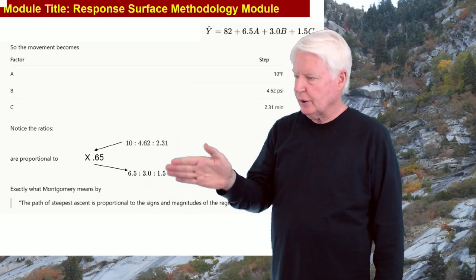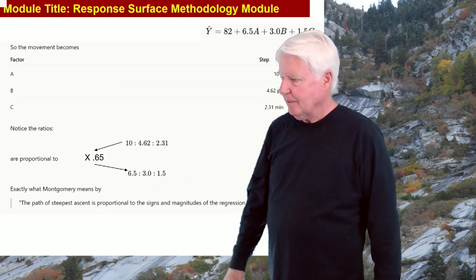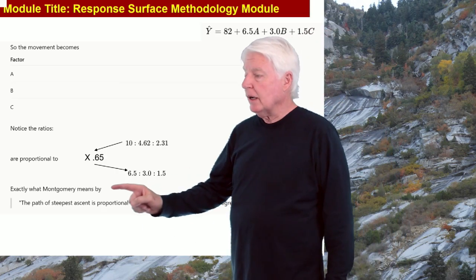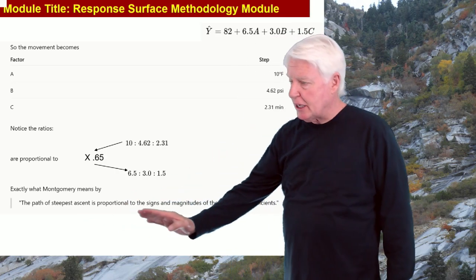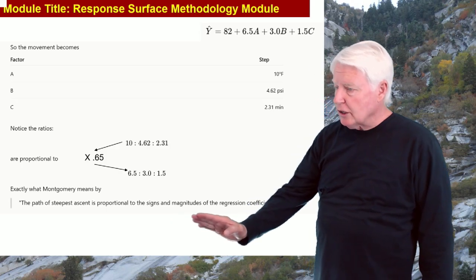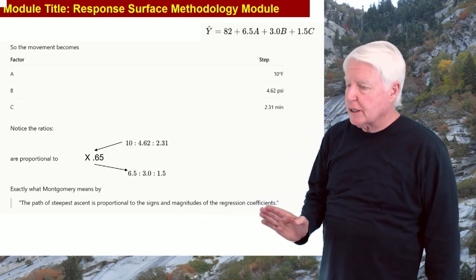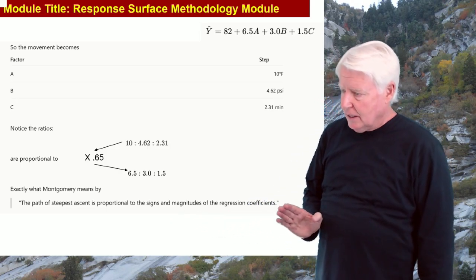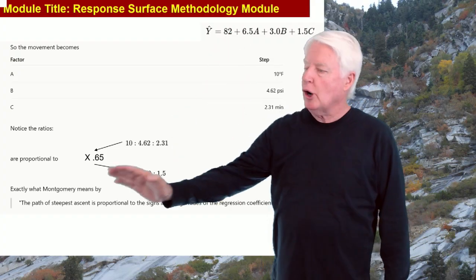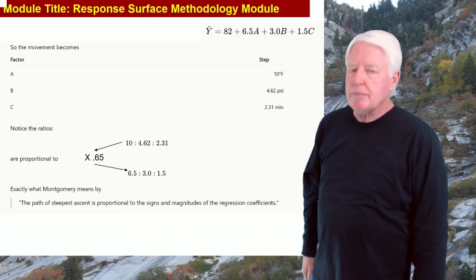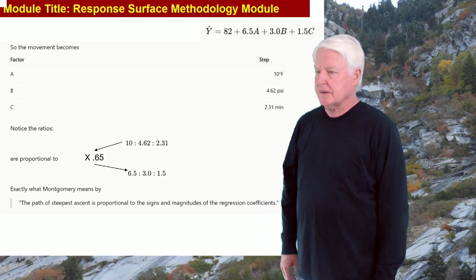So they're proportional to our coefficients. That's exactly what Montgomery means by the path of steepest ascent being proportional to the signs and magnitudes of the regression coefficients. So we're trying to find the steepest slope using Montgomery's methodology, and that's what he recommends.